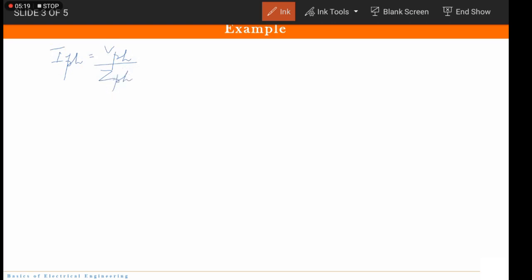Now, when you talk about impedance, what was the impedance? 8 plus j 6.28. But this is in rectangular form. If I have to divide by this ZPH, then I have to convert it into polar form. I have already discussed how to convert rectangular into polar.